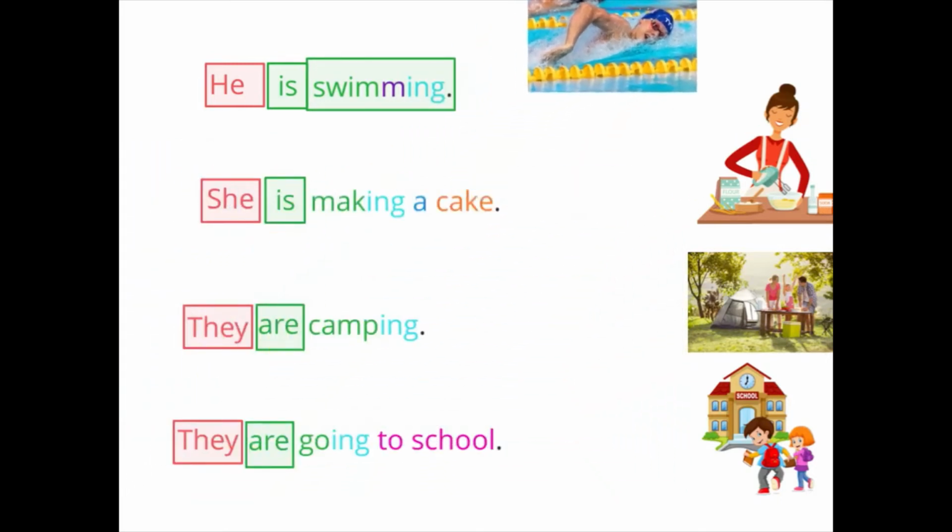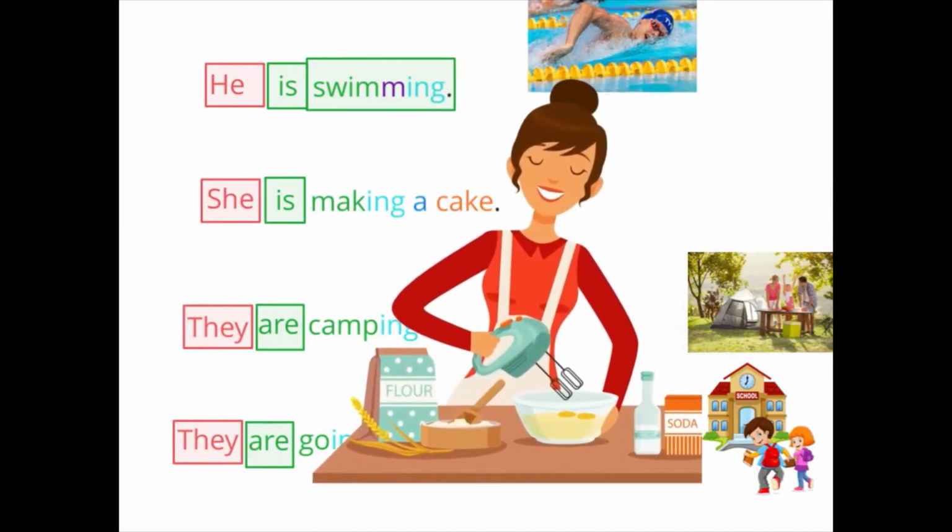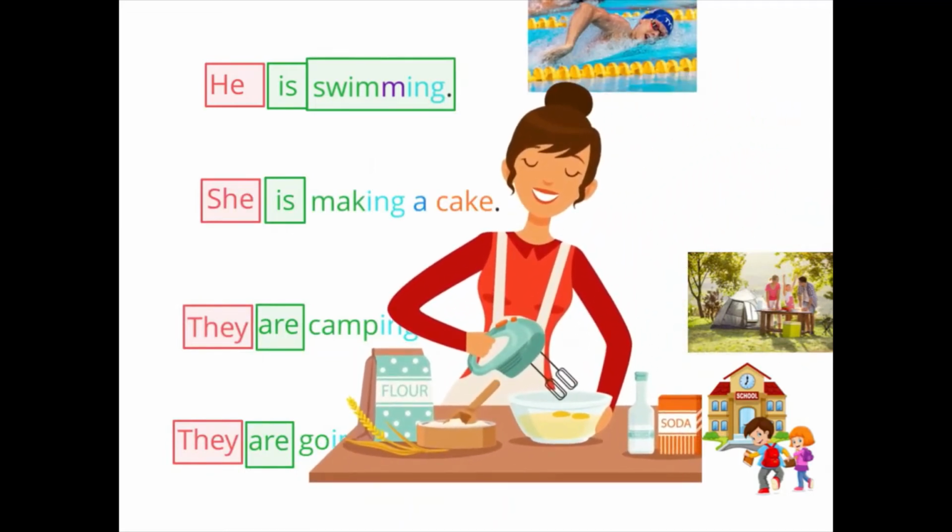Our next sentence is she is making a cake. So here's our person making a cake. With this sentence, the verb is make. And there is a silent E on the end of it, and that makes the A say A, make. With this verb, we really need to have an object.